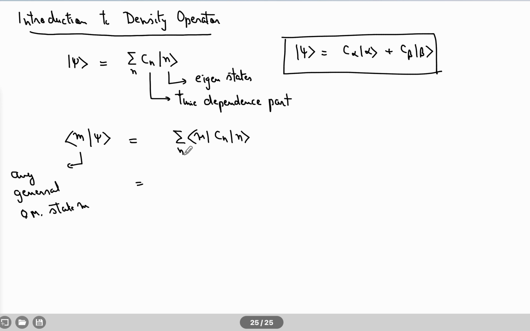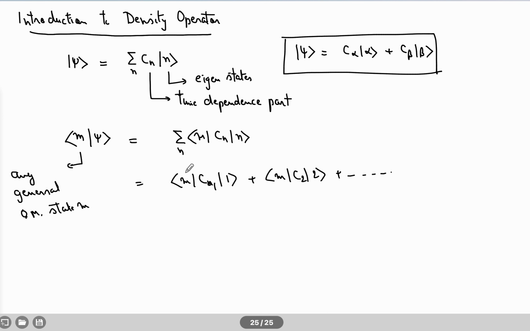Because this is a summation over all n, you will have m c1 1 plus m c2 2 plus so on, right?